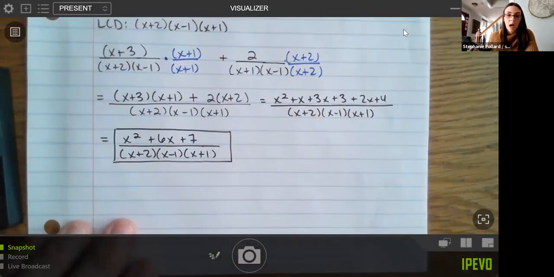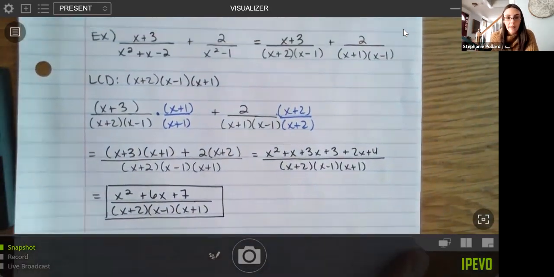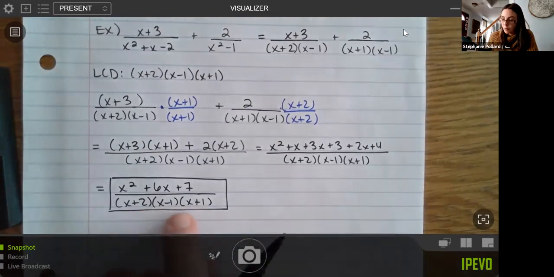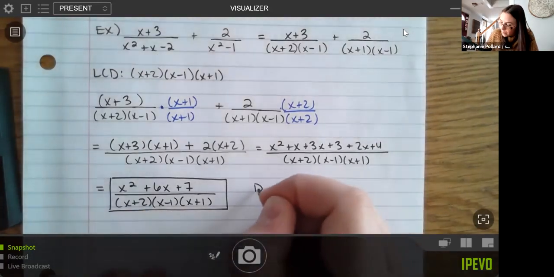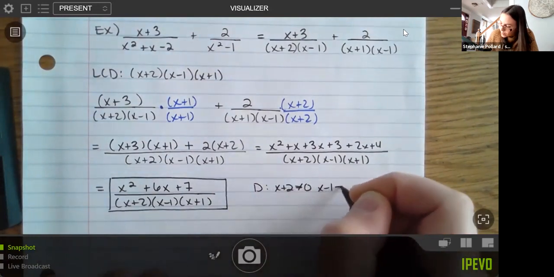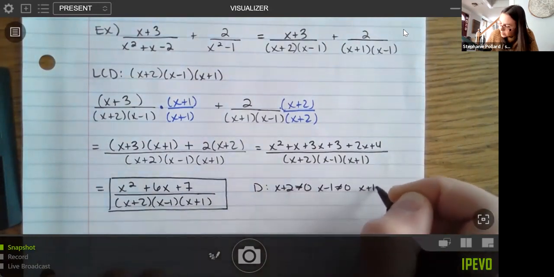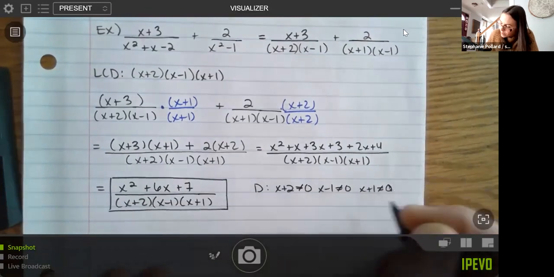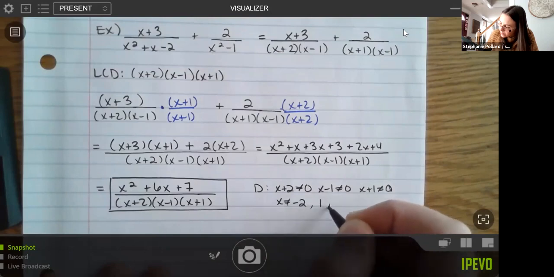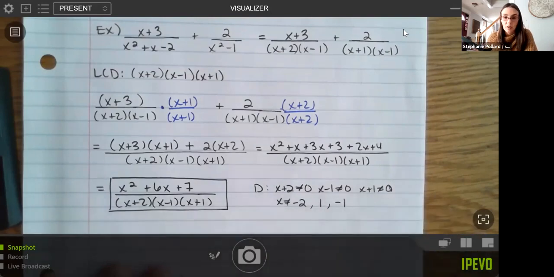Again, watch your denominators. So if you think about your problem here, I have 3 clear denominators I have to watch out for my domain. So I need to make sure x plus 2 is not 0, x minus 1 is not 0, and x plus 1 is not 0. So x cannot be negative 2, it cannot be positive 1, and it cannot be negative 1 if I solve each of those.